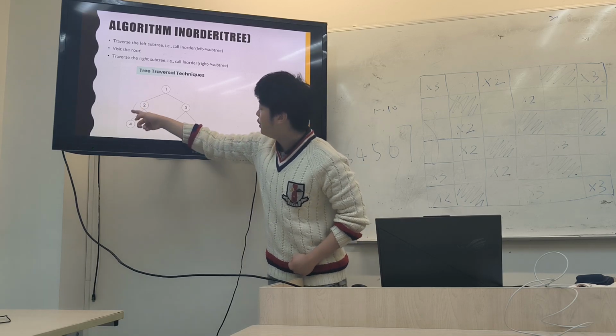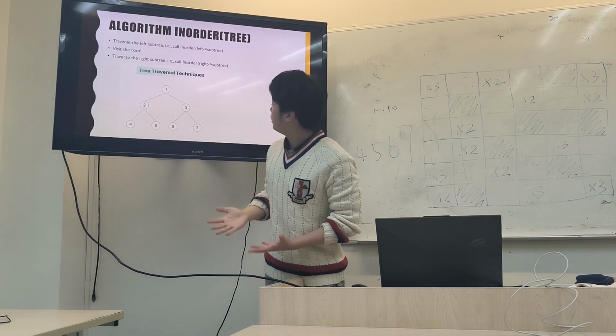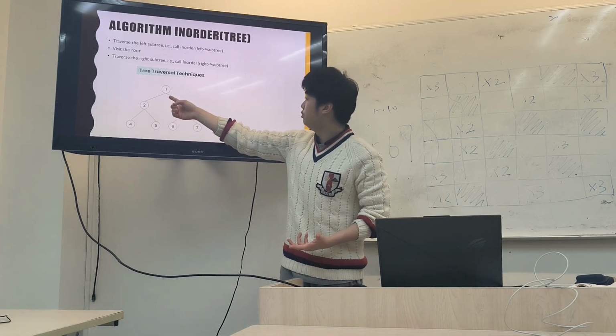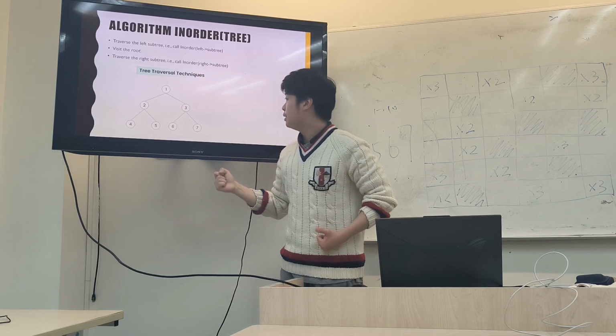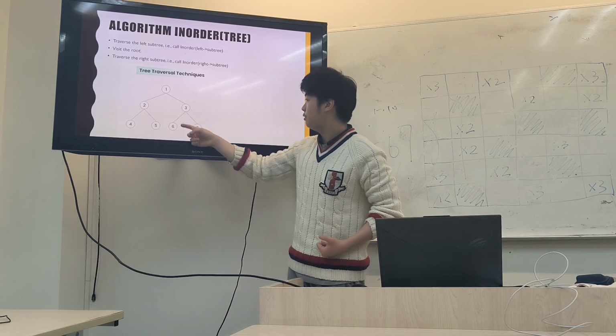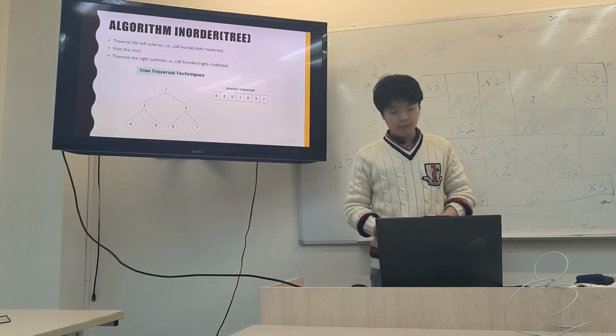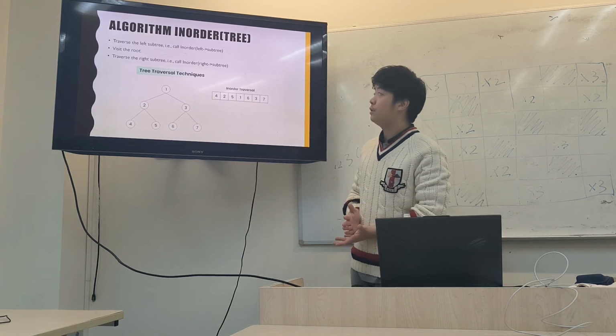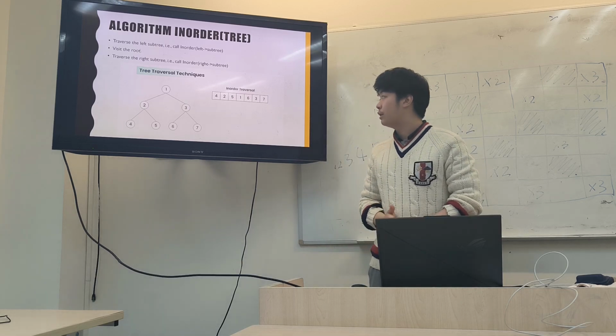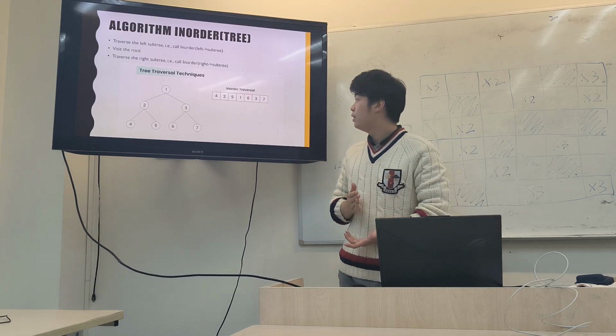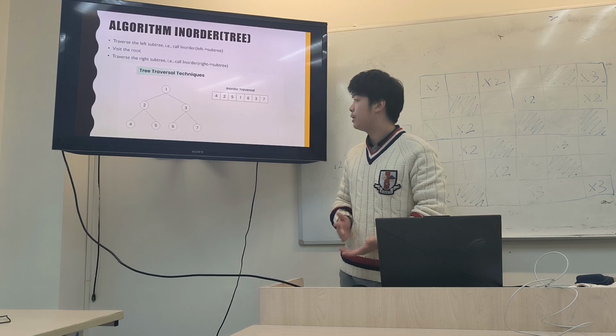So you finish this subtree, and then you go back to the root because it is the second step, and then you visit this subtree, so you get 6, 3, and 7. So in this in-order traversal technique, you'll get 4, 2, 5, 1, and then 6, 3, 7.